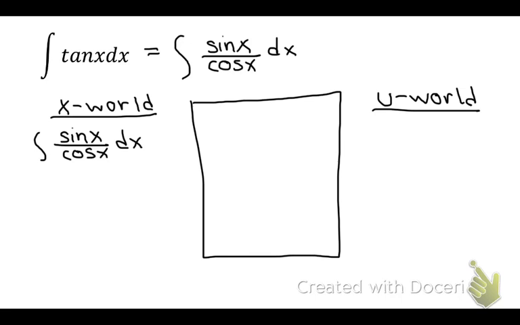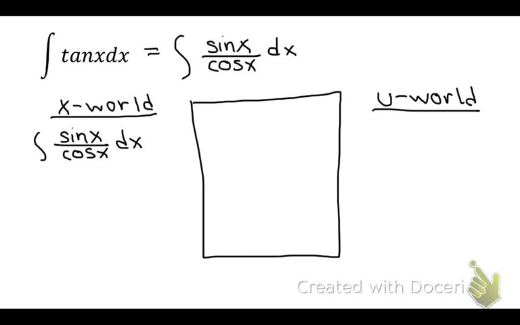It's going to have to go through my box, and we're going to bring it over to u world. Now this one's a little bit tricky in terms of figuring out which u we need to pick, whether we pick sine x or cosine x. But you'll find that if you pick sine x, it's not going to actually give me the piece that I need in the differential. So let's just take a peek at what would happen.